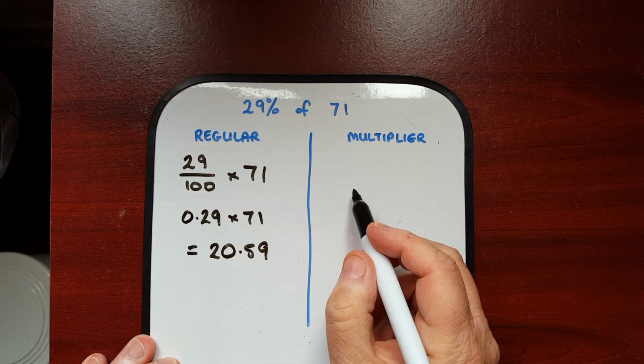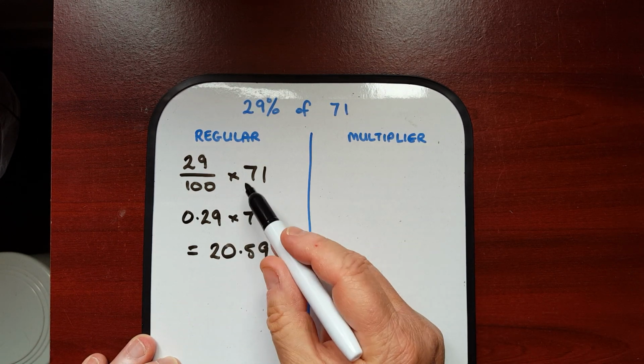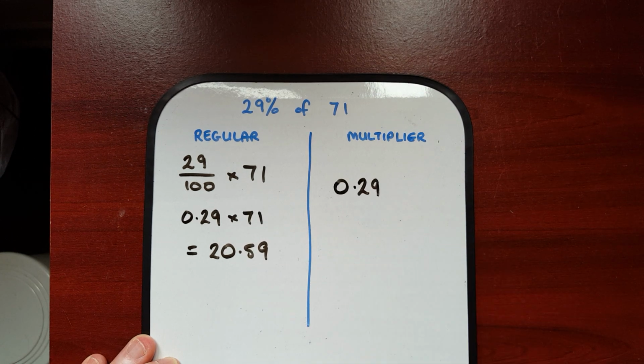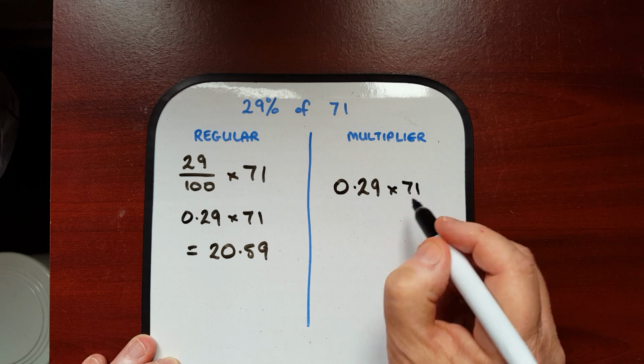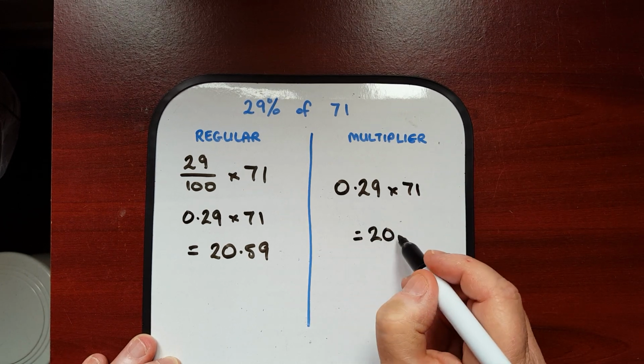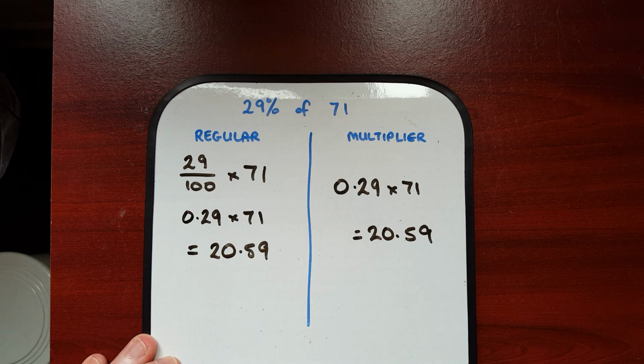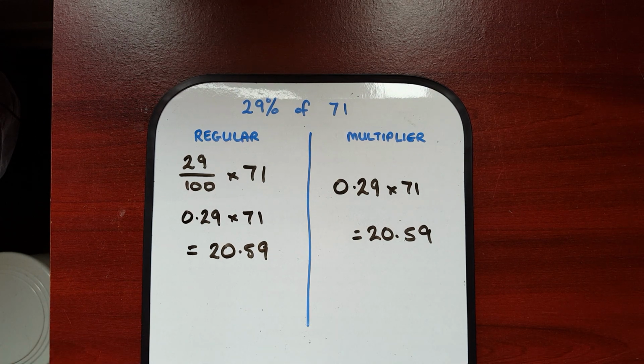Over on this side, using the multiplier method, we're simply missing out that first step. 29% is 0.29, so we're just missing out the fraction step, and we're writing it like that. That's how you find a percentage of an amount. It's as simple as that, and maybe simpler if that little trick works for you that I showed you at the beginning.